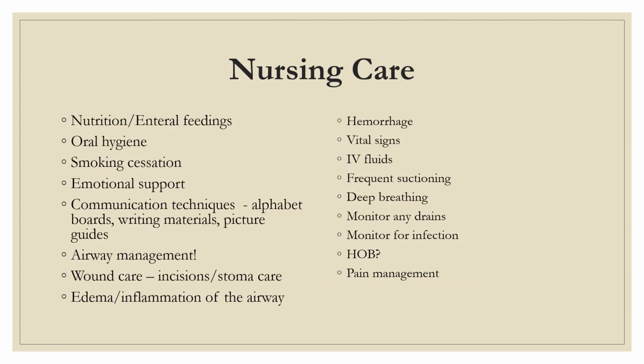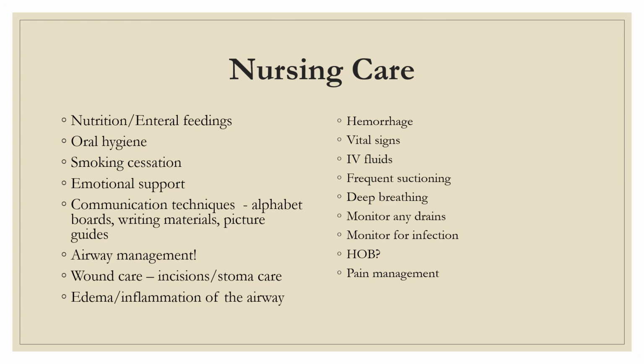So nursing care, what is most important for the patient? Okay, so remember we talked about nutrition, enteral feeding. That's a big one. If they really can't swallow, we really need to think about the G-tube, enteral feeds, making sure that they get their nutrition. Also providing emotional support. That may not be the patient's preference, but again, just educating them that it's something that they need at this moment.